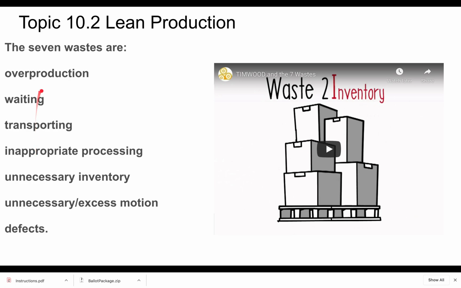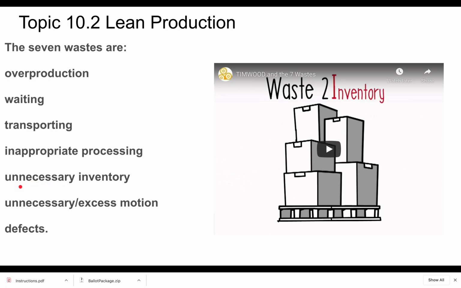Their wording is not the same, but you want to try to minimize overproduction. You don't want to produce too much. You want to produce just the right amount. You want to reduce waiting, so you don't want things waiting around, and you don't want your clients waiting around. You're trying to make sure that you're achieving things in a timely manner. You want to make sure that the processes you use are appropriate, so we're trying to eliminate inappropriate processing.